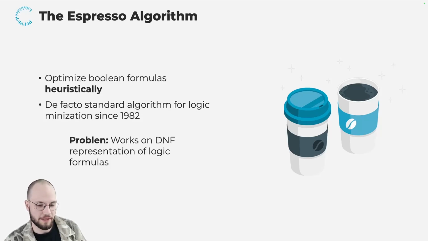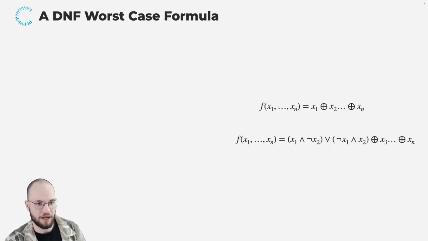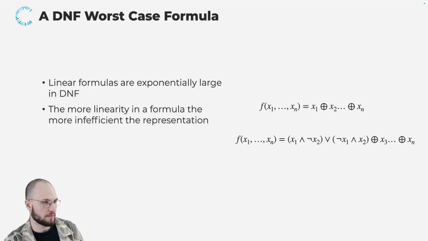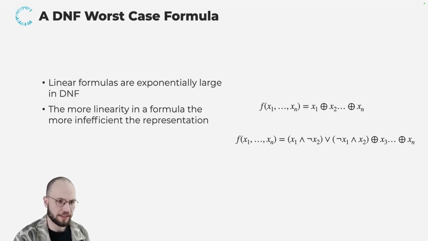And the DNF representation is problematic if we have a lot of XORs, because then you have these linear formulas that are a chain of big XORs, and you have to unfold them into DNF. So for example, you see how you unfold the first term here, and if you have more linearity, then the representation gets more inefficient, and especially inefficient if these terms are nested.